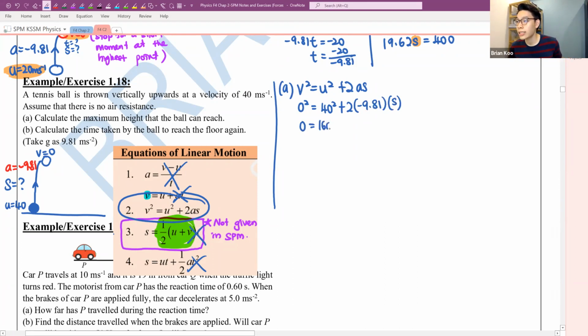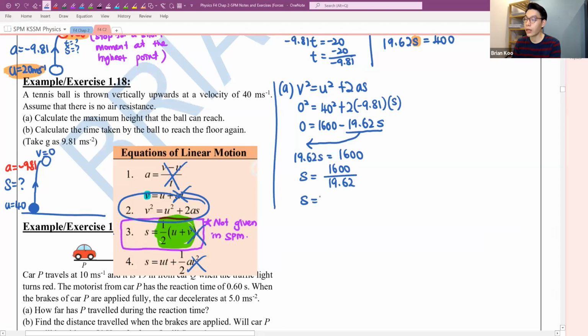40 squared is 1600. 2 times 9.81 is 19.62. S. I can bring this one to the left side, and it becomes positive. So S is 1600 divided by 19.62.